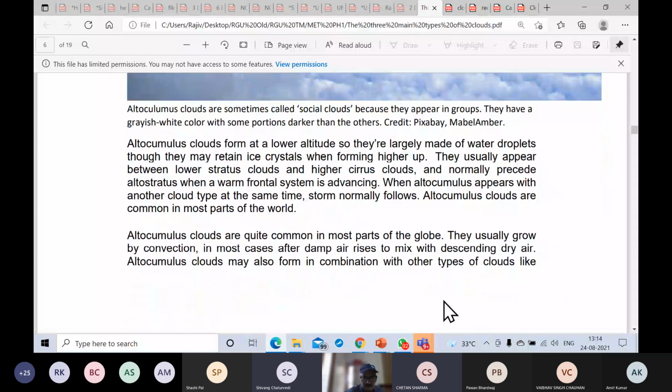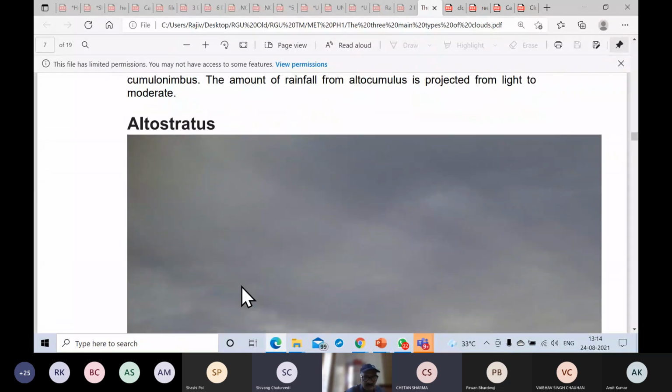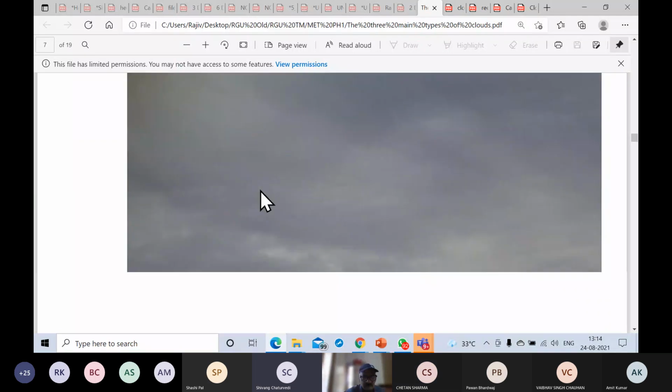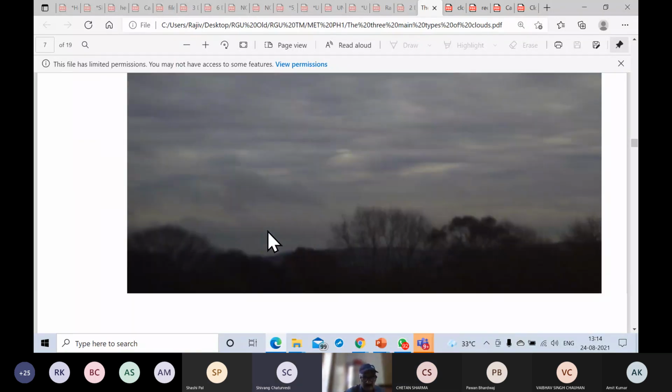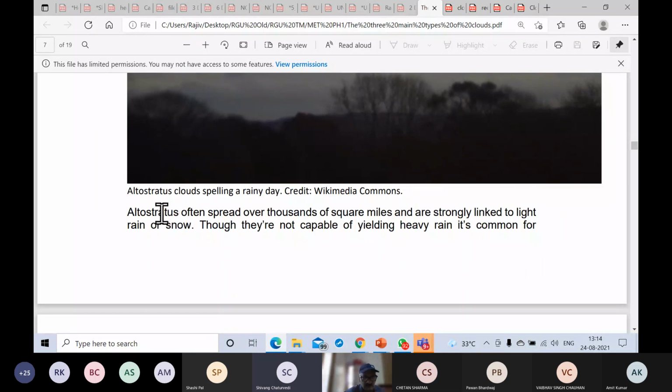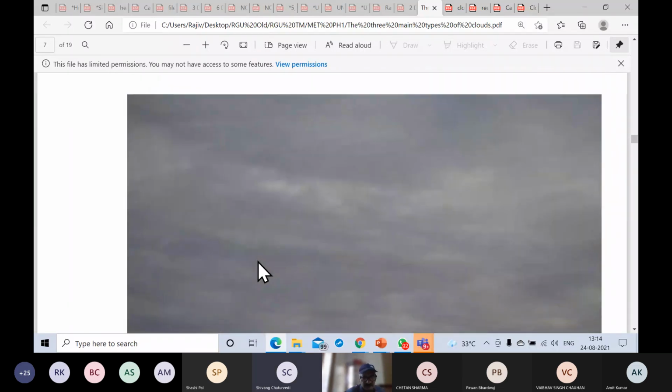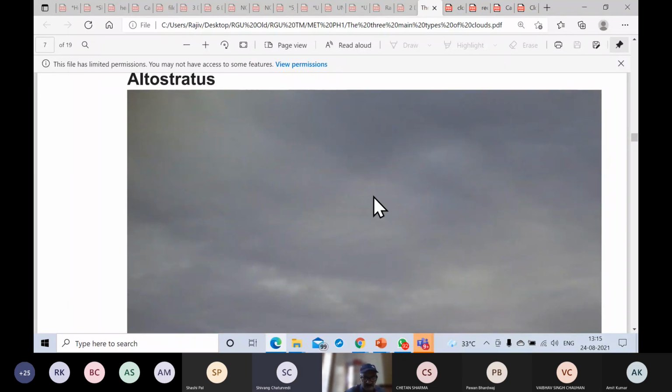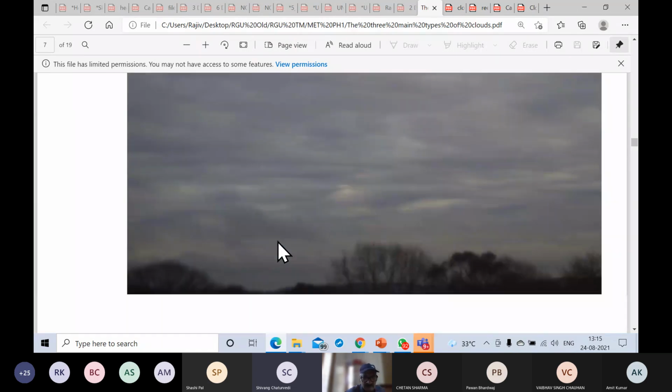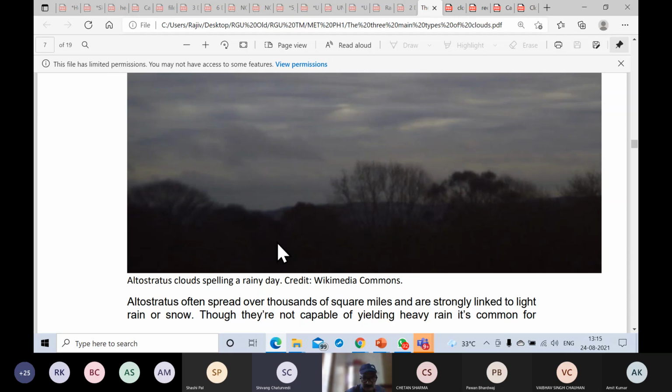Right. That is alto of mid-level, like this one. This is something different. This is altostratus. Rainy day. It simply says rainy day, which we will agree. This clearly indicates a rainy day. Altostratus.